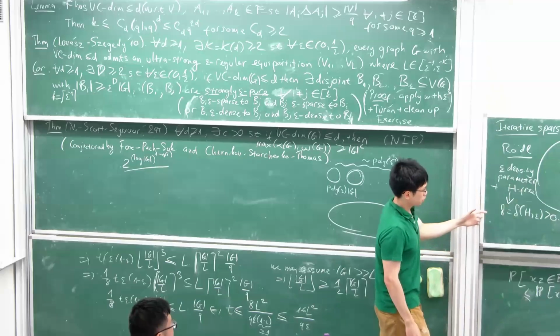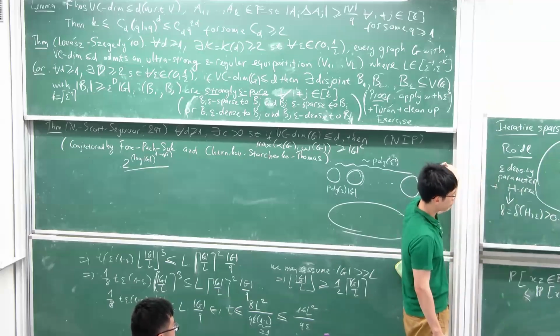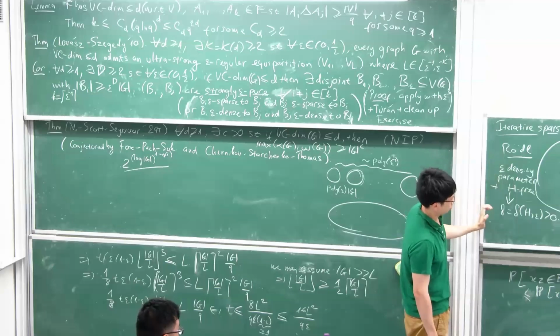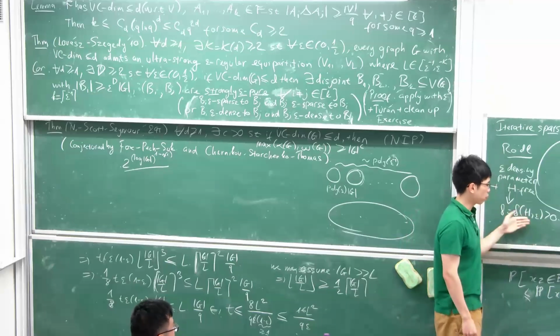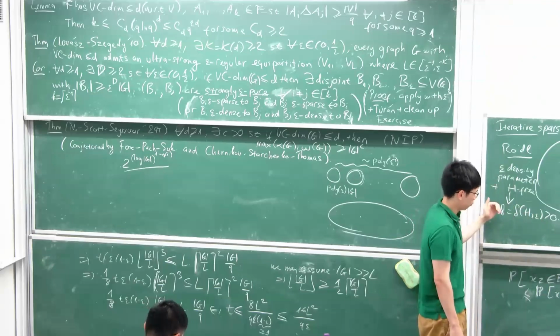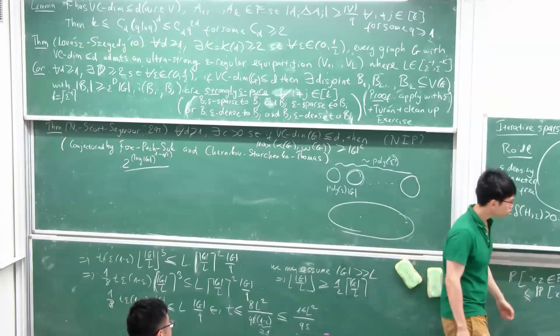So the point here is the dependence of delta on epsilon. If you use the regularity lemma, it's going to be tower type, and if you follow the recent progress, then delta is quasi-polynomial in epsilon, but still not quite polynomial.